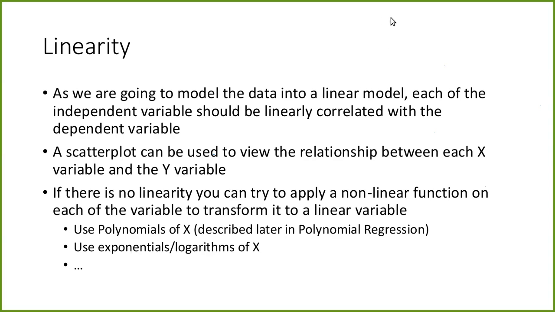If you see that there's no linearity, say the graph of x1 against y is something like this, which is a superlinear relationship, maybe you can use a polynomial of x.